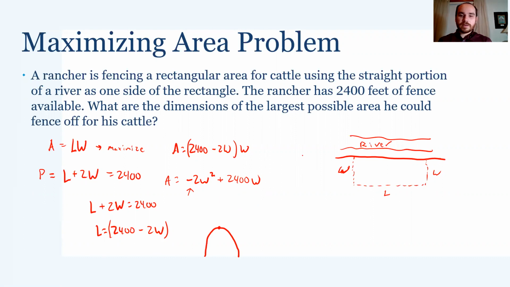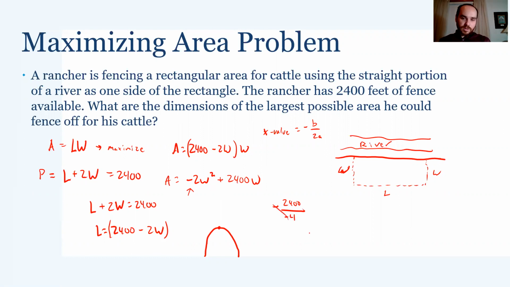So we need to calculate our vertex, and remember that the x value of the vertex is equal to negative b over 2a. So in this case, we would do negative 2,400 over 2 times a, which is negative 2. That's negative 4. So the negatives will cancel.